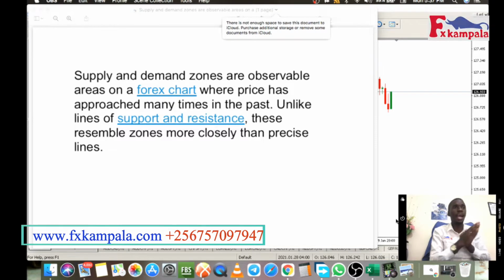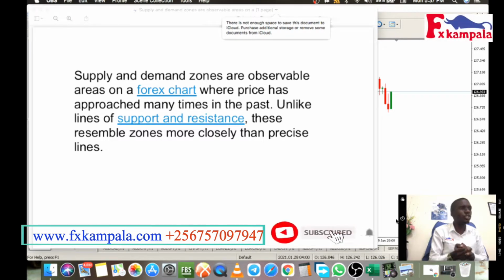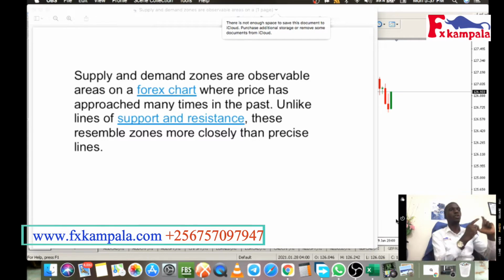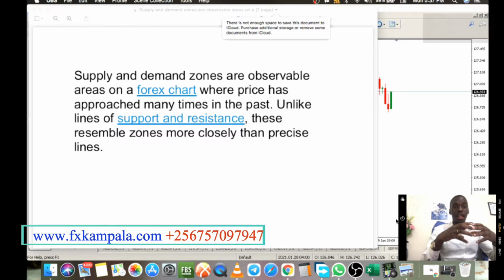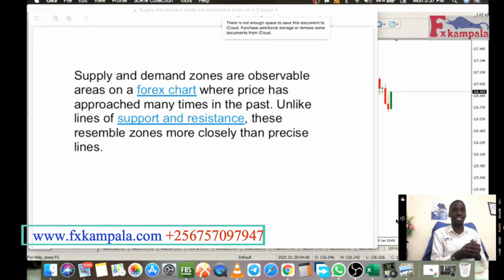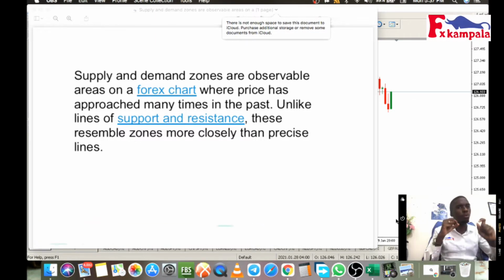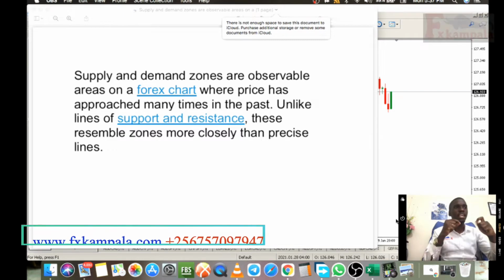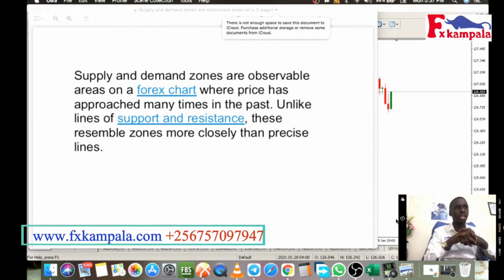Supply and demand zones are observable areas on the Forex chart. Let me be specific: I only say Forex chart because our area of study is Forex, but it can be any other market. If you have many observable points that, when you join them, give a certain price area, then you have a supply and demand zone.